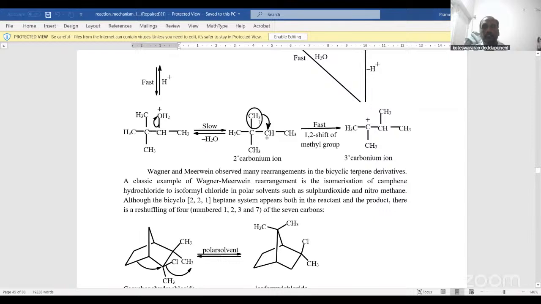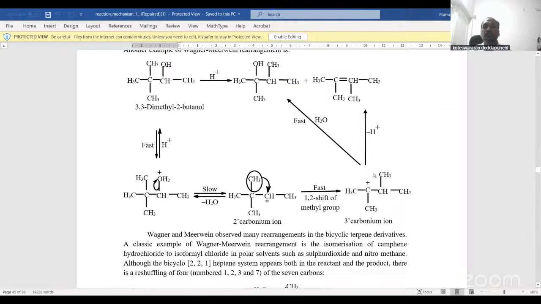Now the CH3 group, with its pair of electrons, undergoes migration. It rearranges from the secondary carbocation to a tertiary carbocation, and a stable carbocation is generated. This is called a 1,2 shift. If we label the positions 1 and 2, it moves from one position to the second position. That is called a 1,2 shift.